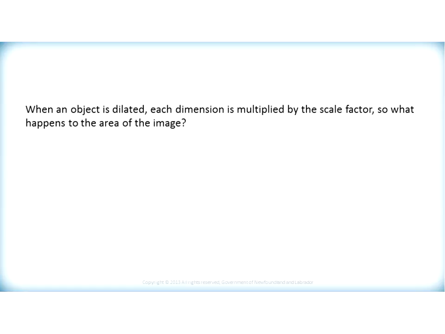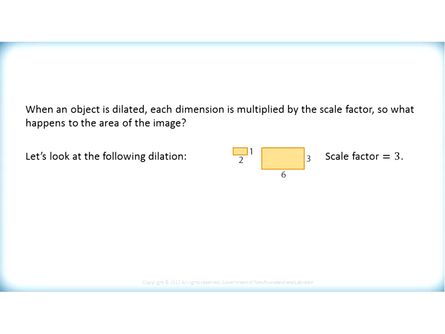So when an object is dilated, that means when it's enlarged or reduced, each dimension is multiplied by the scale factor. So what happens to the area of an image when both of your dimensions are multiplied by the scale factor? Well, let's look at that dilation that we had on the last page. We started with a rectangle that was 2 by 1, and we multiplied it by a scale factor of 3.